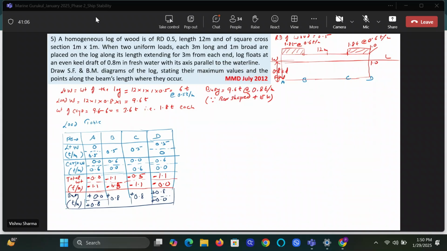So please complete for the load then. Have I filled up the load correctly, guys? Yes or no? Please tell me.